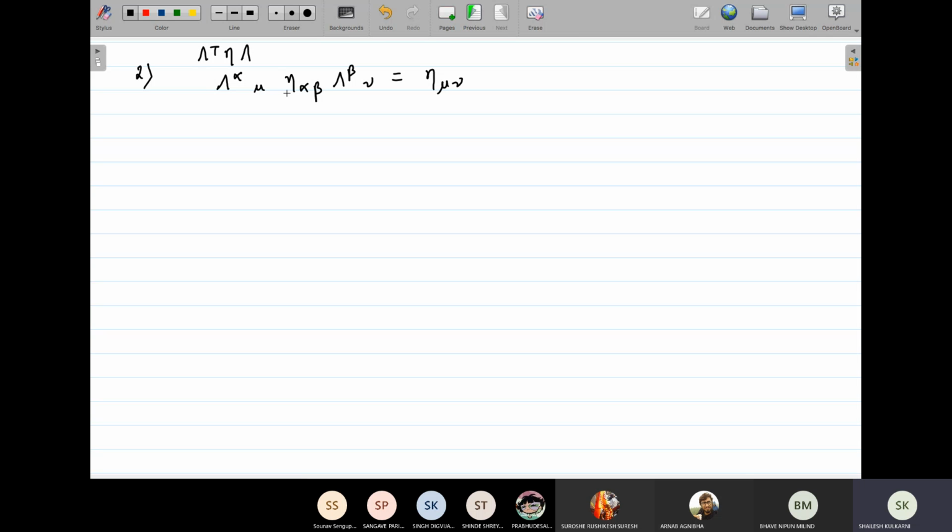Suppose on the right hand side you put mu equal to 0 equal to nu, the zeroth component. So eta 00 equals what? Lambda alpha 0, eta alpha beta, lambda beta 0.